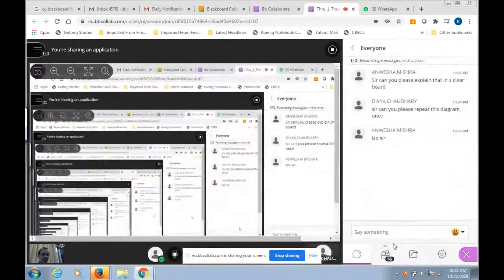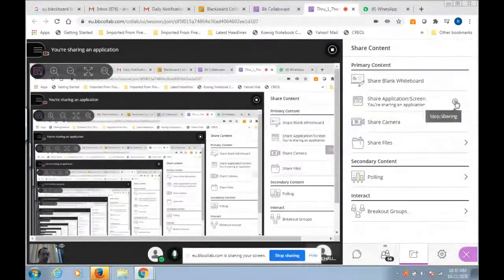Anyway, I'm just switching off this screen, and we would like to make it bigger. That's a big problem with this. Today I am using my Windows laptop instead of my Mac, so I cannot use the good whiteboard.